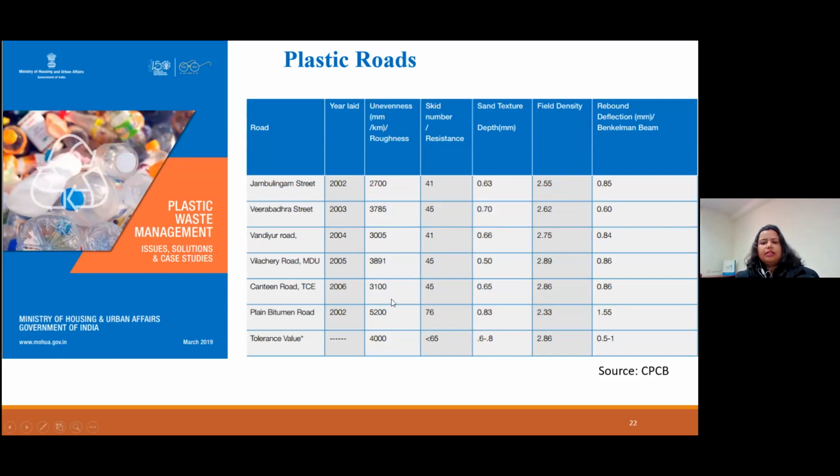They measured the roughness, the skid resistance of the tires, the sand texture, the field density, and the BBD deflections. At the BBD deflections alone, the deflections are not very high. The performance of the road after 5 years of use is pretty good. The skid numbers are also lesser than 65, which is good. And the roughness indexes again indicate a good tolerance value. So these are some indicators of the post performance.